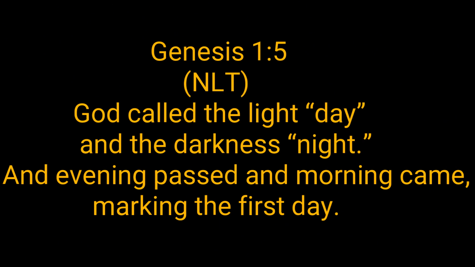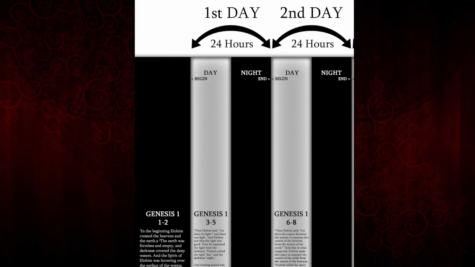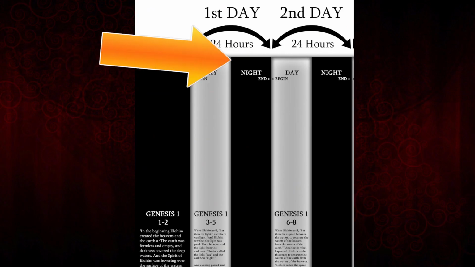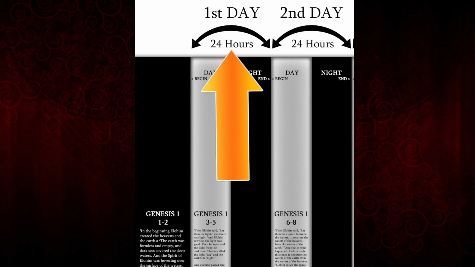There are other translations out there, and I own a lot of Bible translations. I collect them, and I try to look at them and see what they say. So this is a much more understandable translation when it comes to this verse, because it says this: God called the light day and darkness night, and the evening passed and morning came, making the first day.